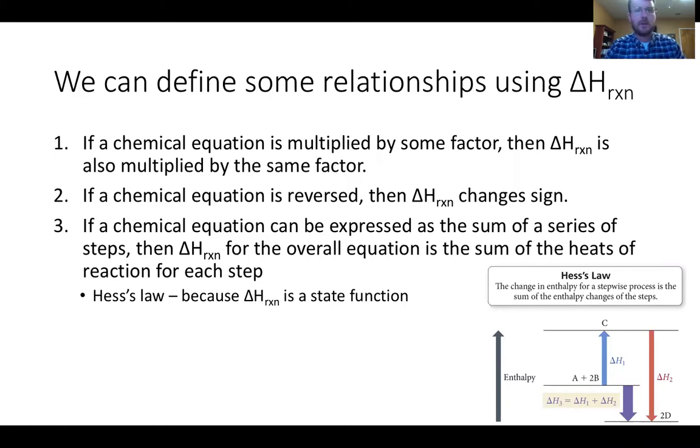And if a chemical equation can be expressed as the sum of a series of steps, then delta H for the overall equation is the sum of the heats of the reaction of the steps, right? So if you have a bunch of different little equations that equal the equation you're looking for, you can add all those up after you manipulate them if you need to. And then you can calculate them just by adding.